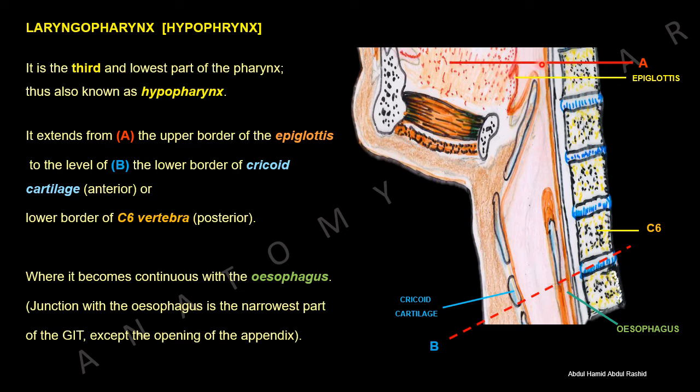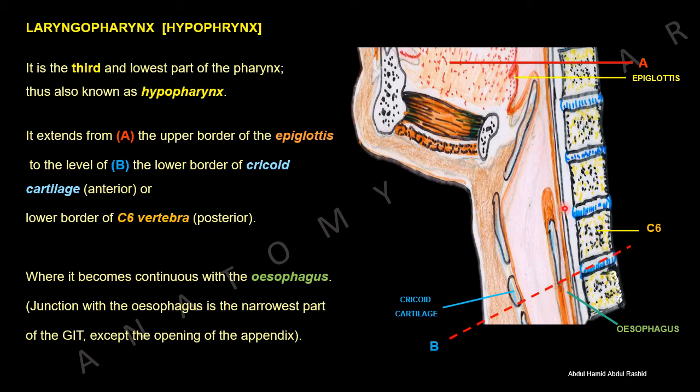It extends from the upper border of the epiglottis to the level of B, the lower border of the cricoid cartilage anteriorly, and the lower border of the sixth cervical vertebra posteriorly. So anteriorly, lower border of the cricoid cartilage, posteriorly, lower border of the sixth cervical vertebra.